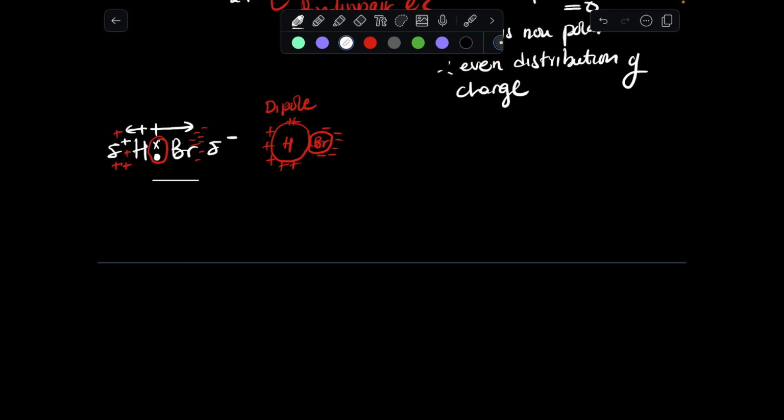If you draw the dipole moment of HBr, you can draw the resultant. There is a net dipole moment, and the net dipole moment here is not equal to 0. Therefore, the HBr molecule is a polar molecule.